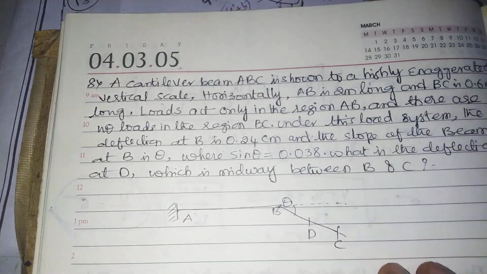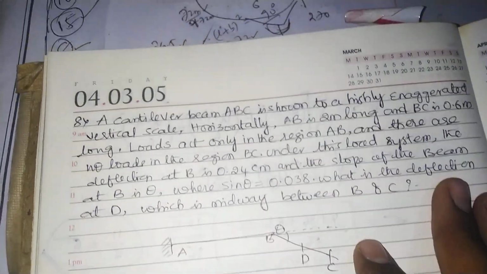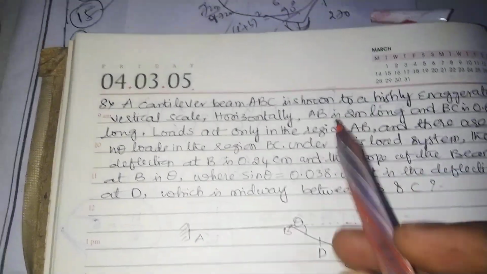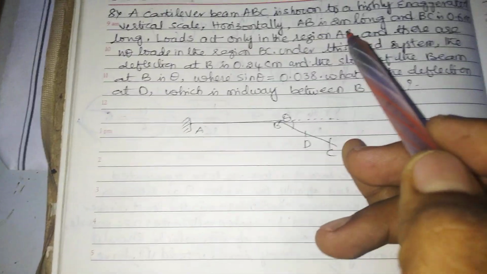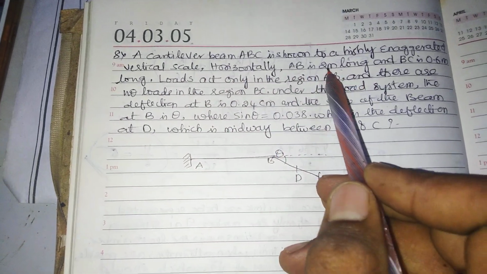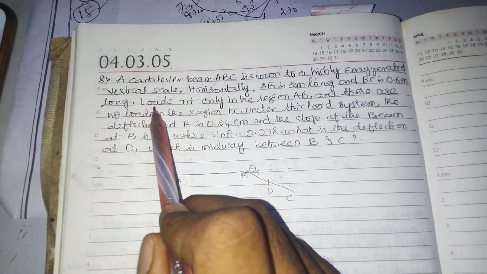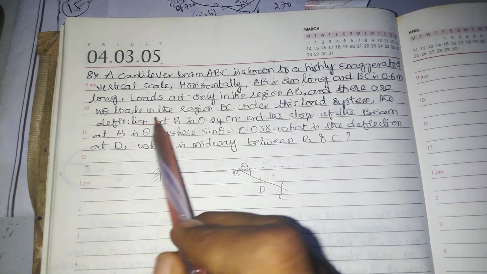So this is another question. It's somewhat tricky, but we do analysis, so it makes it easy. A cantilever beam ABC is shown with a highly enlarged vertical scale. Horizontally, AB is 2 meters long and BC is 0.6 meters long, and loads act only in the region AB, and there are no loads in the region BC.